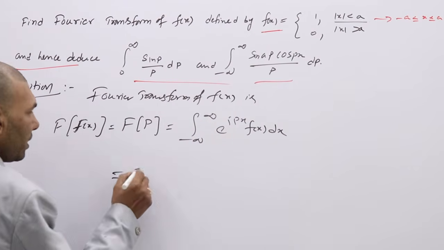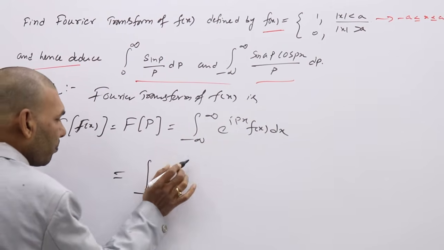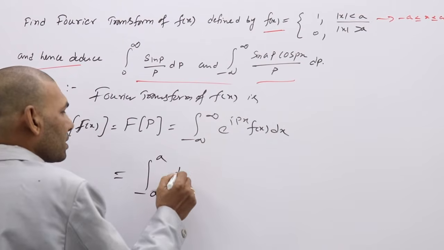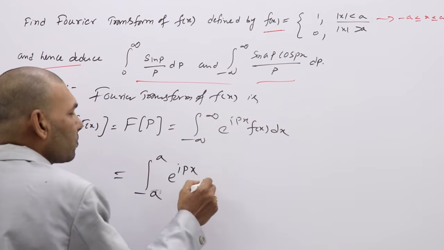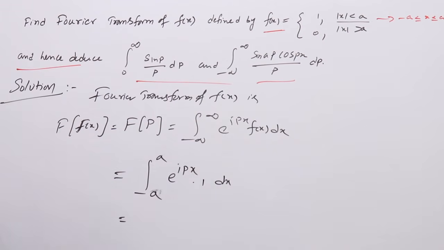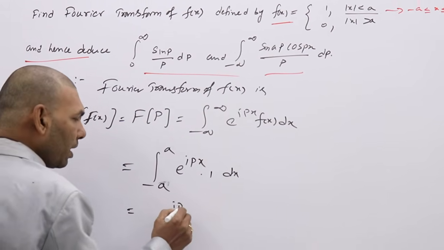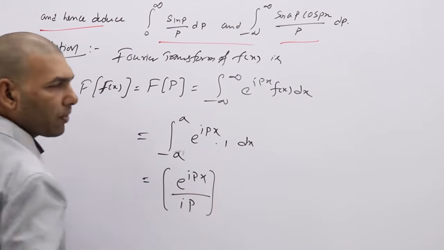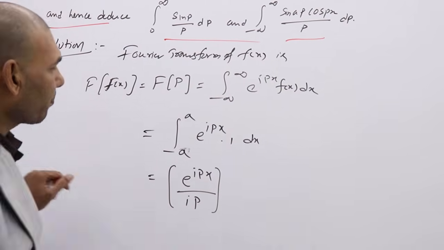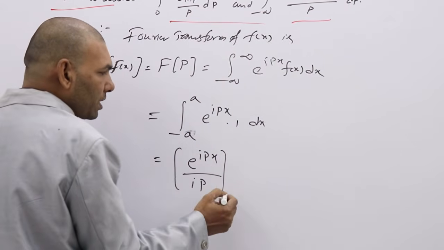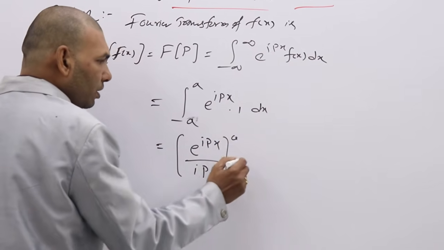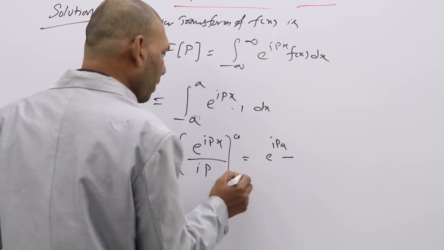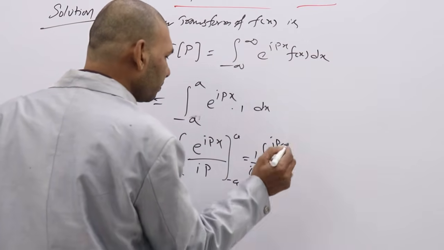That's why in that interval we take the Fourier transform from minus a to a of e^(ipx) into f(x), which is 1. The integral of e^(ax) is e^(ax)/a, so we get e^(ipx)/(ip) from minus a to a. If you write a in the place of x first, you get e^(ipa). 1/(ip) is constant.